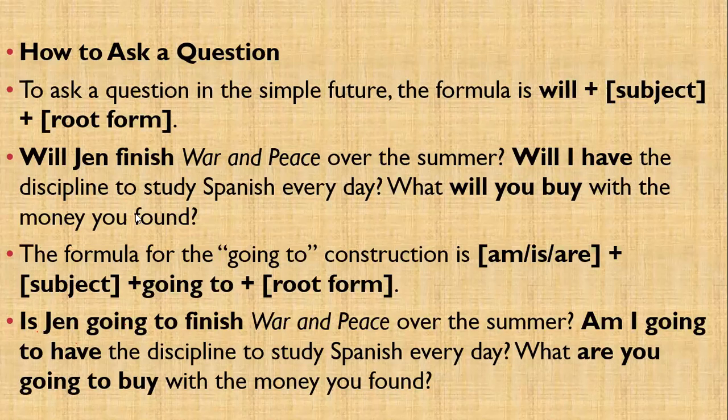Am I going to have the discipline to study Spanish every day? What are you going to buy with the money you found? If you see, the verb to be is always in the first position in the sentence. Let's continue.